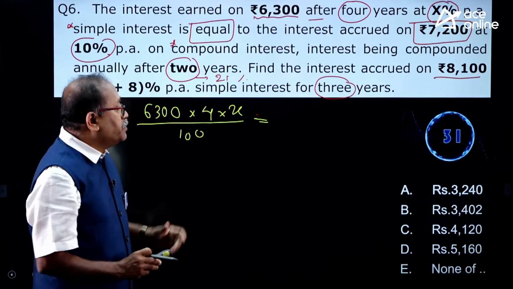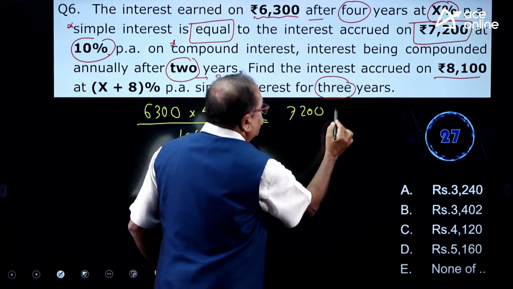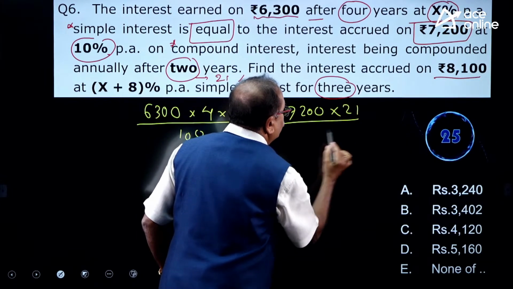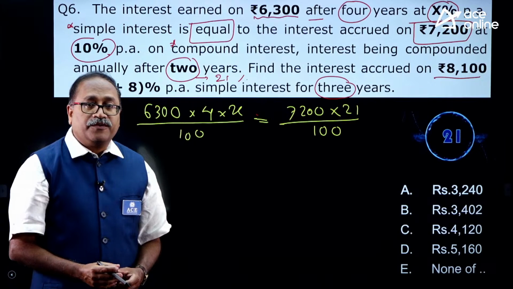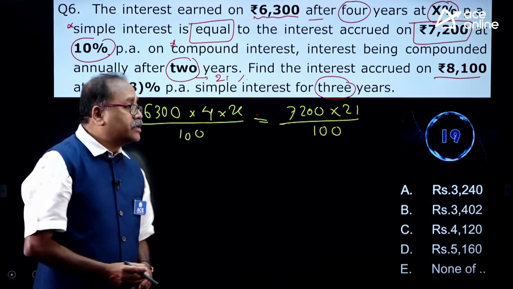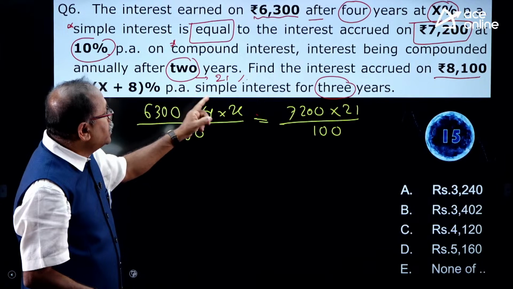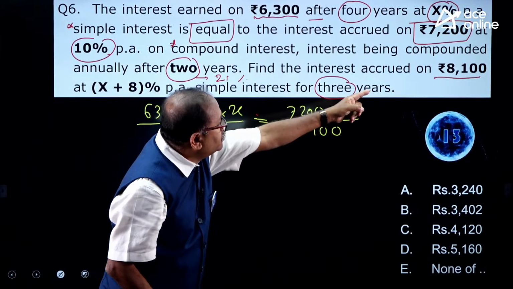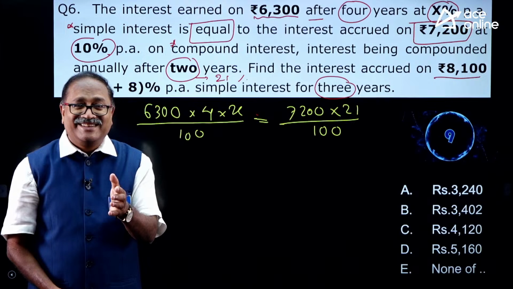So that is 21%, so that comes 7200 into 21 by 100. By using this, you will be getting the x value. Once you get the x value, you can find x plus 8, and you can find the 3 years interest on 8100, and that too simple interest.